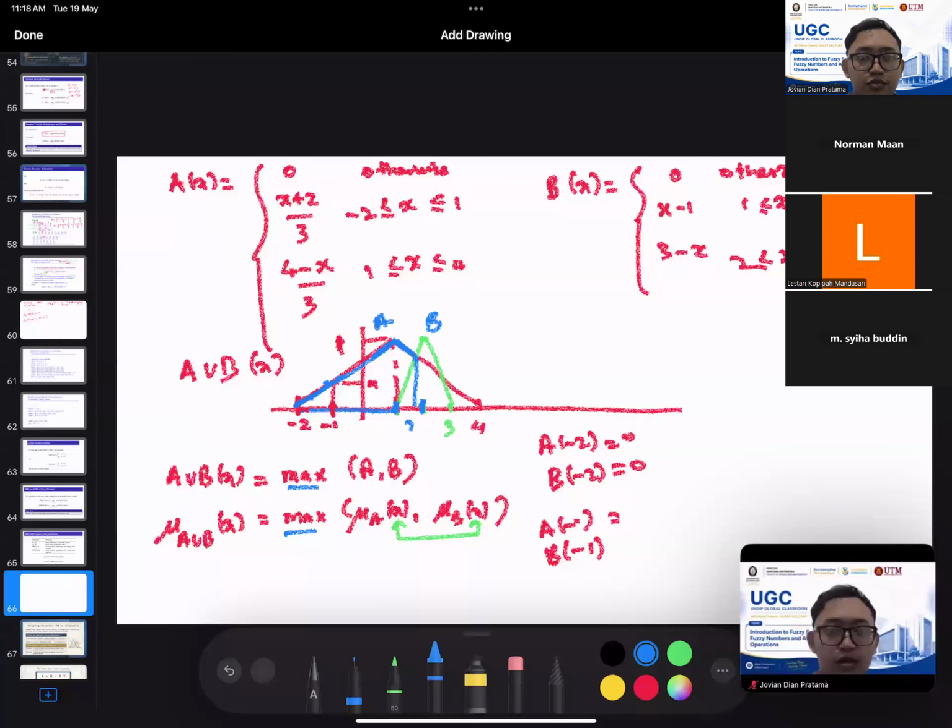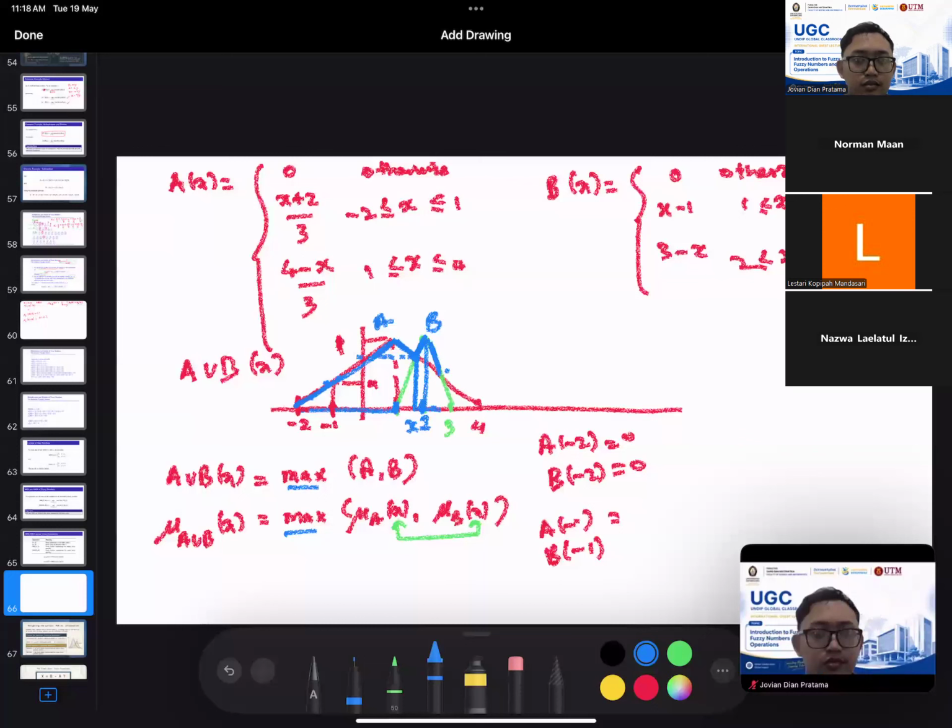Still, D is the same fuzzy value. Beyond this value of x, let's say x equals 1, and this one maybe x equals 2, definitely we choose this one. Then the rest we choose this one, and beyond this area we choose this one.